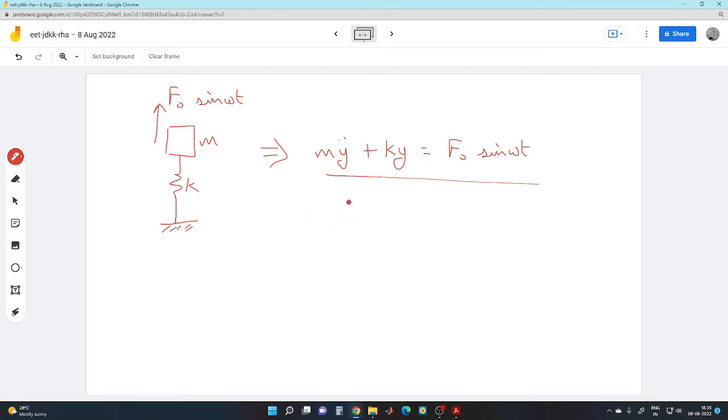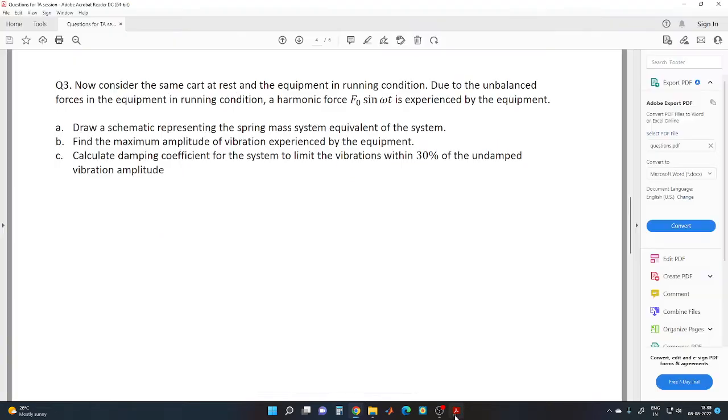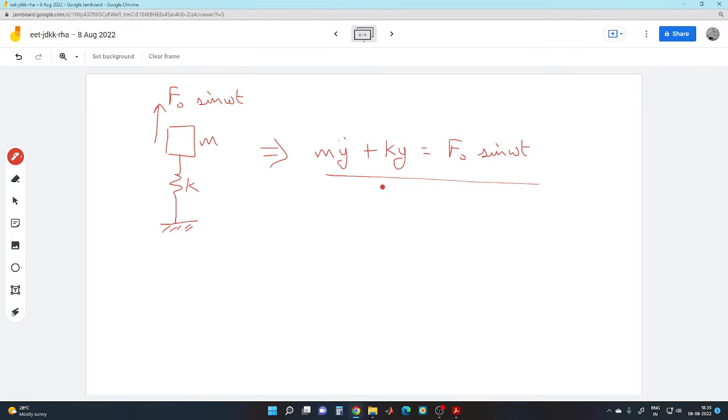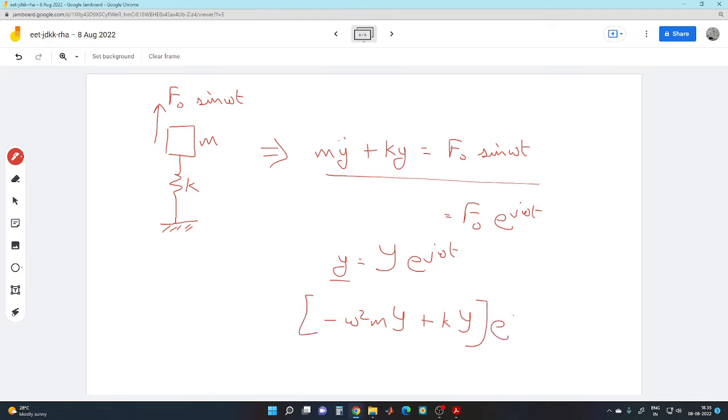And if we want to calculate for maximum amplitude, which is the second part, find the maximum amplitude of the vibrating equipment, it will be much simpler than the previous system, because here we can simply say that F naught e raised to power j omega t is the excitation, and then we can write small y is equal to capital Y e raised to power j omega t, and we can simply say minus omega square m capital Y plus k capital Y, common e raised to power j omega t, is equal to F naught e raised to power j omega t.